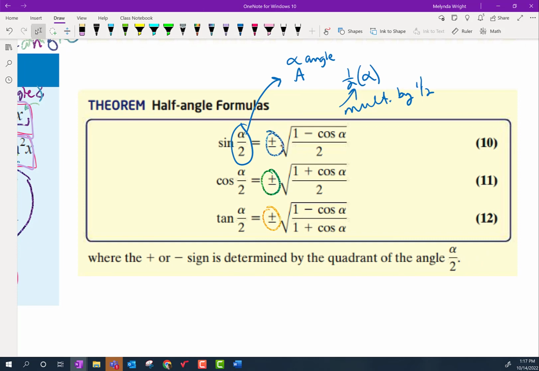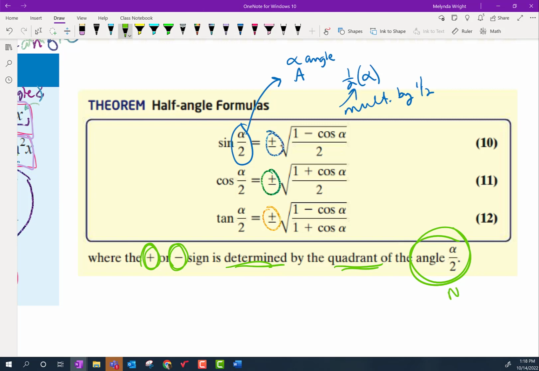So let's talk about where the plus and minus come in. The significance of the plus minus is that the plus and the minus are determined by the quadrant of the angle. When we do those problems, we're going to have to investigate which quadrant the half angle is in.